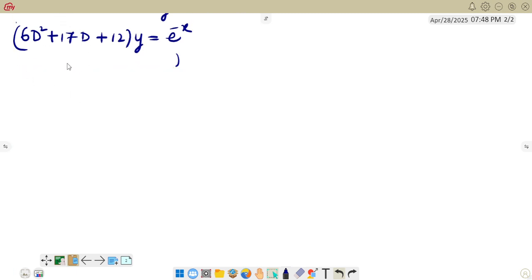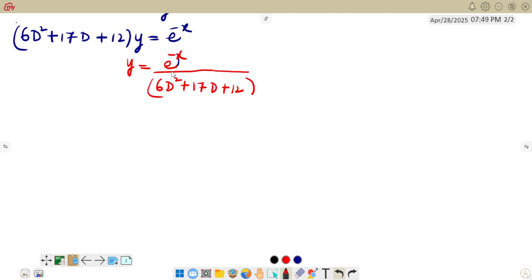And what is y here? The value of y is, keeping y as it is, the right side e raised to minus x divided by 6D square plus 17D plus 12.